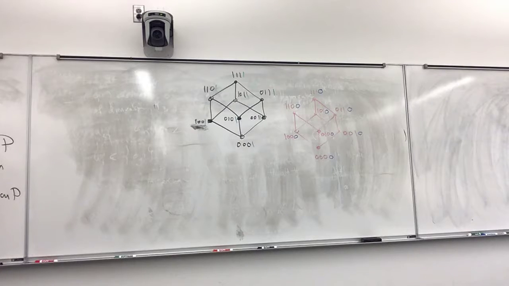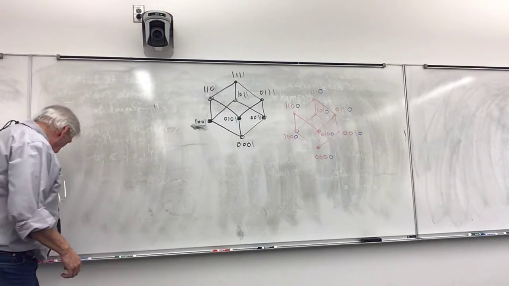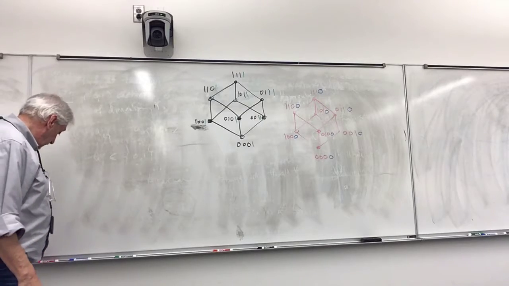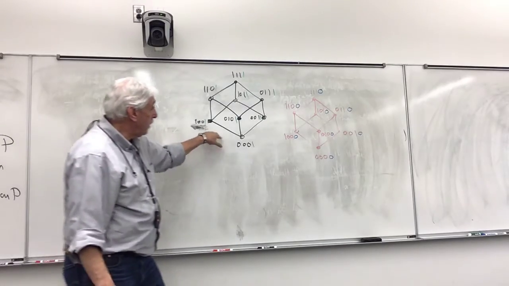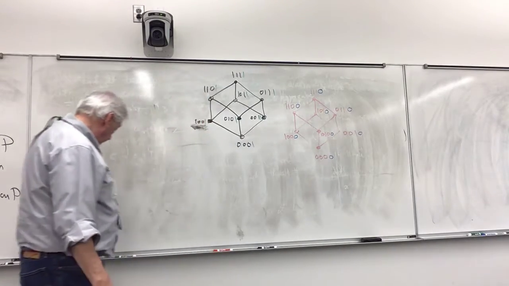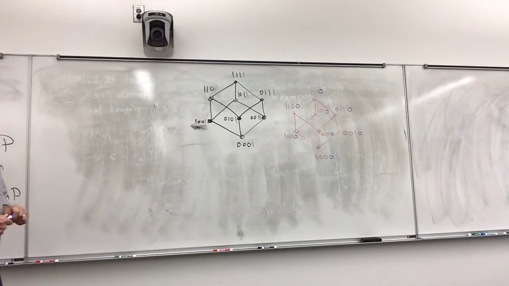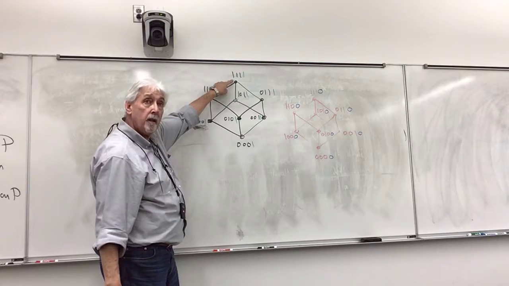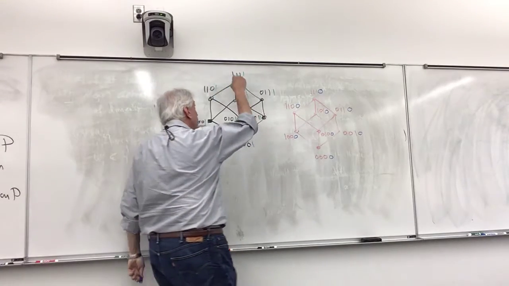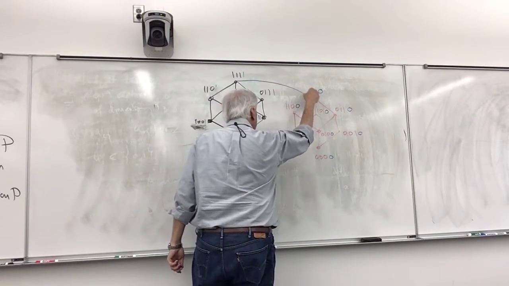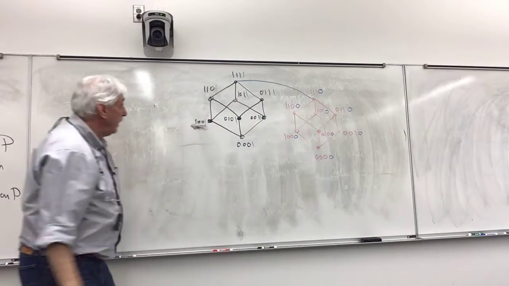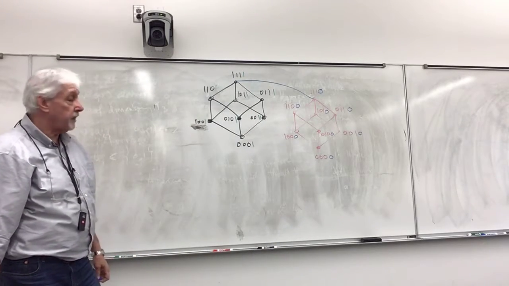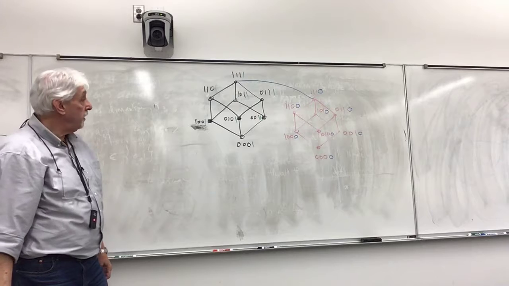Now there's one more thing. What about edges between this cube and this cube? So where does 1 1 1 1 go? Okay, so it's adjacent to this one. Is anybody else adjacent to 1 1 1 0? No. Okay.